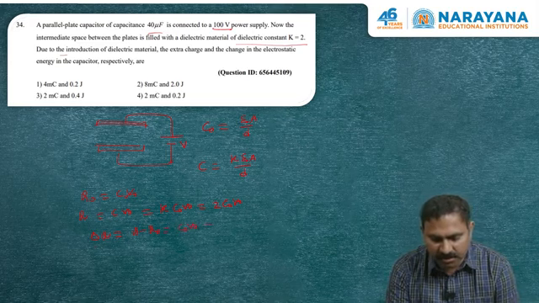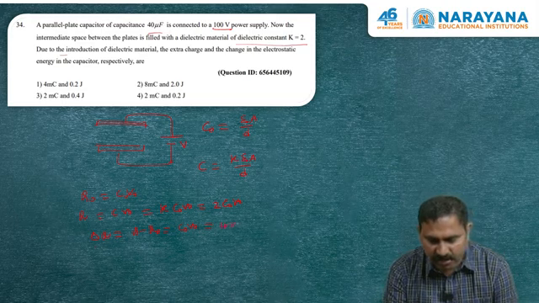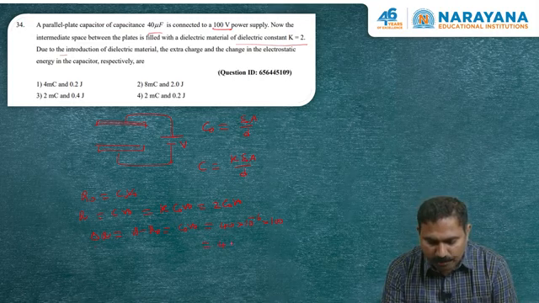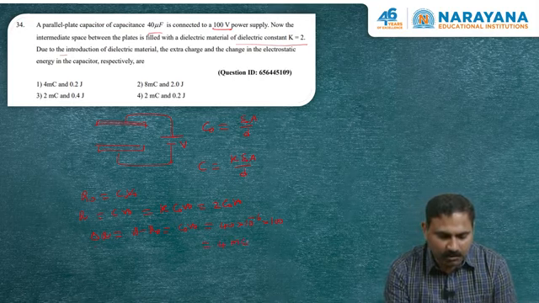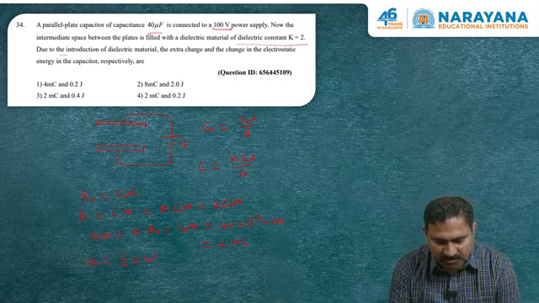It will be C naught V naught numerically, where C naught is 40 microfarad, voltage is 100 volts. So this is equal to 4 millicoulomb. Now the extra energy stored, initial energy stored U naught equal to half C naught V naught square.